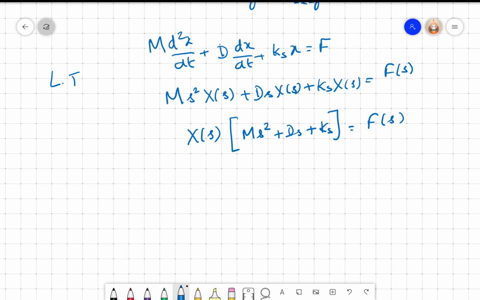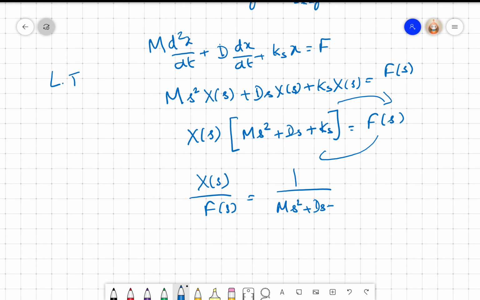But if I take this to the right hand side and bring this to the left hand side, then x of s divided by f of s is 1 by (ms square plus ds plus ks), where ks is the suffix s for the spring.